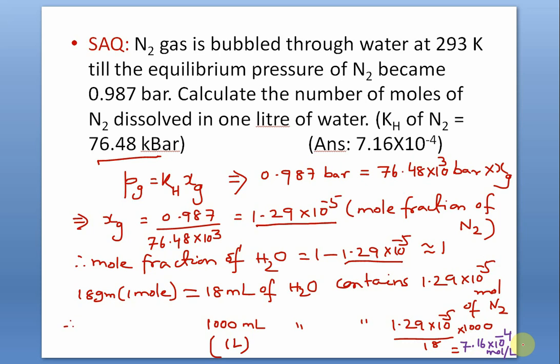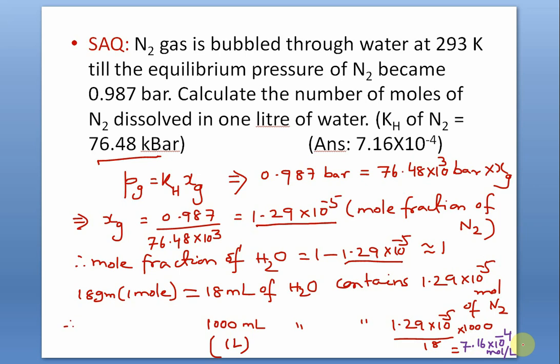We first got the mole fraction, then we converted the mole fraction into molarity, taking advantage that the solution is so very dilute that the number of moles of the solute, that is gas, is so insignificant that the number of moles of water is same as 1.